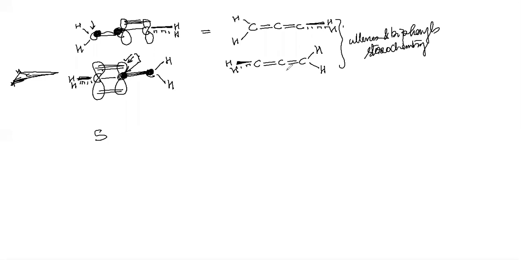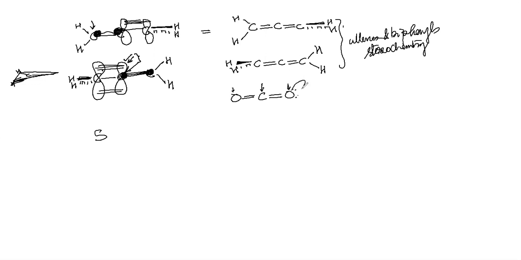Next one. Draw an electron dot structure of the orbital picture of carbon dioxide. That is simple. Again, the same thing. This carbon has sp hybridization. This oxygen is sp2. Again, the lone pairs of electrons will be mutually perpendicular.